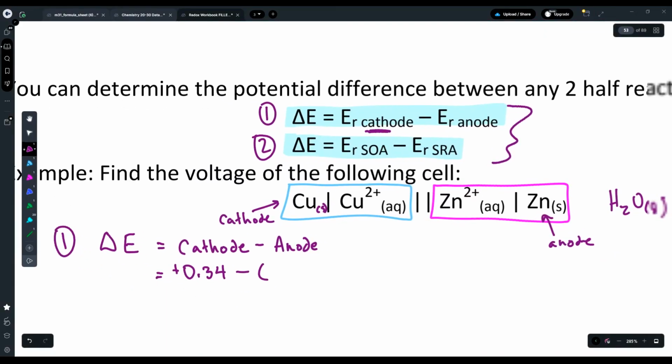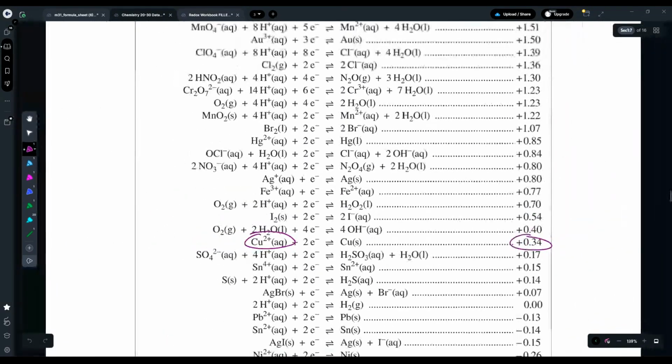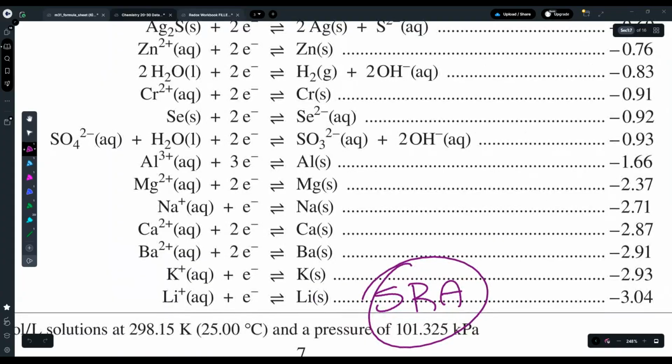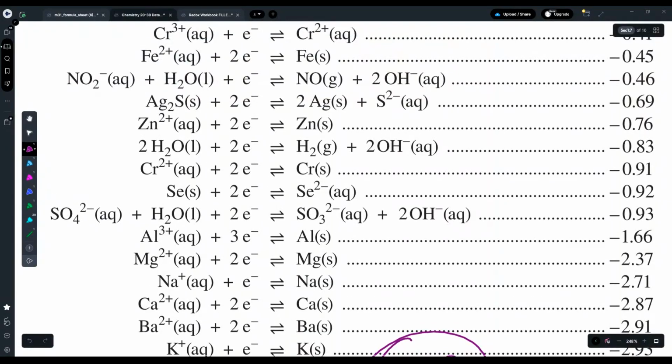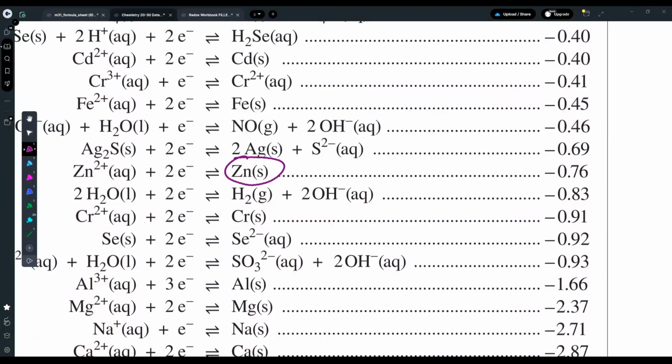Minus, now for my anode, remember we're talking about what is the reaction happening at the anode. So that reaction is going to be tied to the SRA. So I'm going to just find out what's my SRA, and just make sure that it's the same. So keeping all of my chemical species in mind, copper solid, copper 2+, water, zinc 2+, and zinc solid, zinc solid is the first one I run into, so that's my SRA.